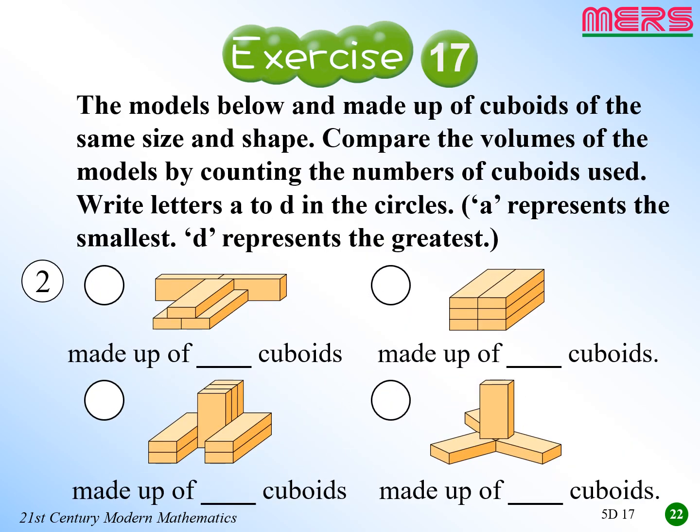Now do part 2 by counting the bricks. Write letters A to D in the circles. A represents the smallest and D represents the greatest. I will pause for 10 seconds. Do it now.